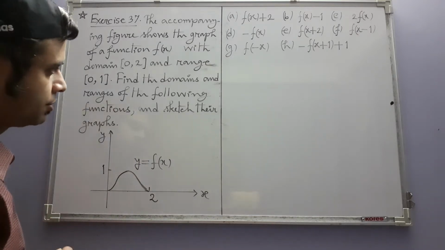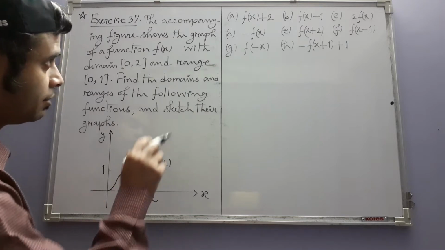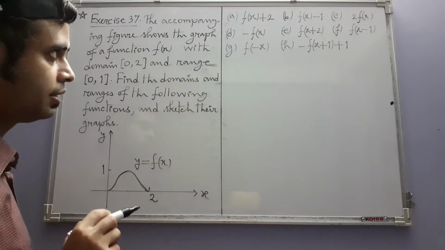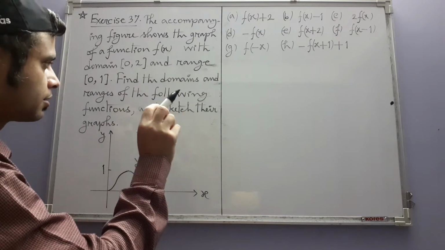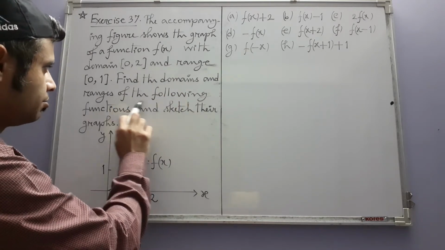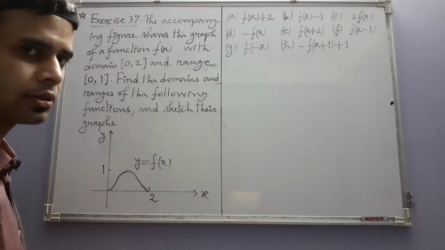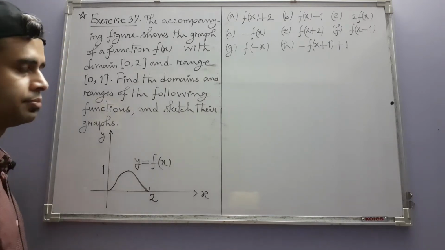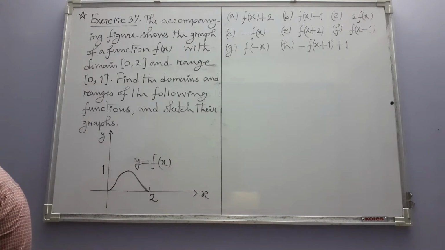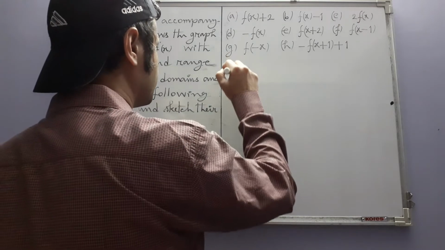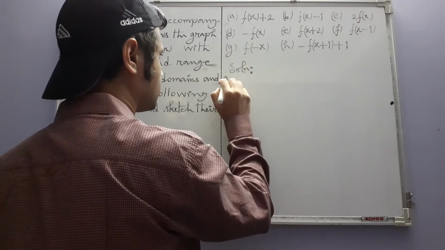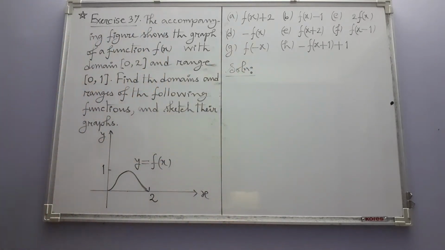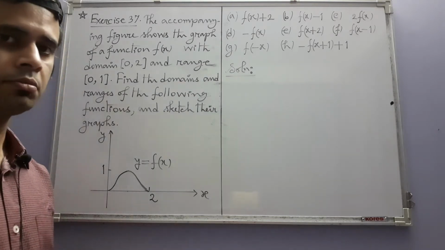Now we are given these new functions defined in terms of the old function f of x. In each such case, we have to find the domain and range of the new function and also draw its graph. So let us start the solution. In part A, the new function is the old function plus 2.